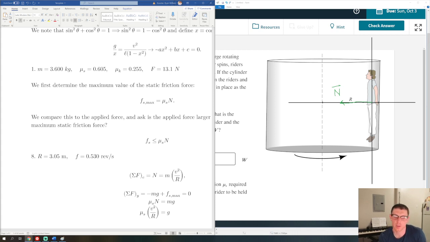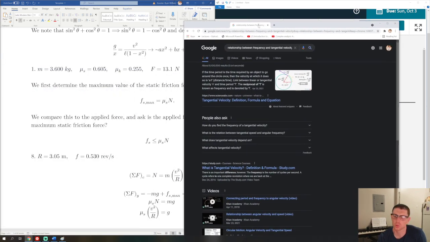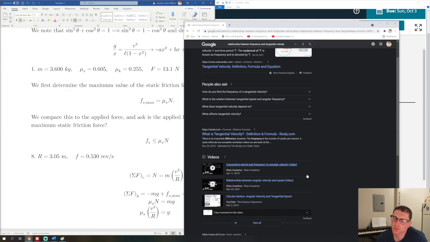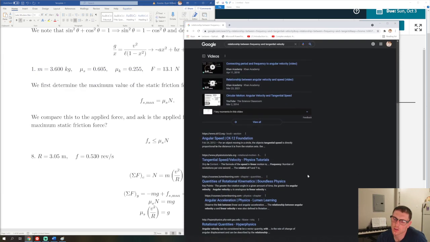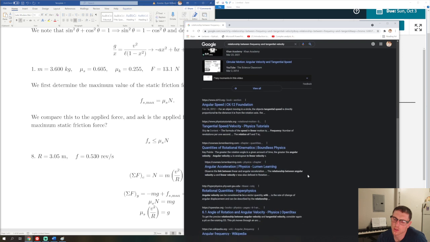Honestly, I can if people are interested, but this is something we can talk about in more depth when we get to actual angular kinematics and stuff.